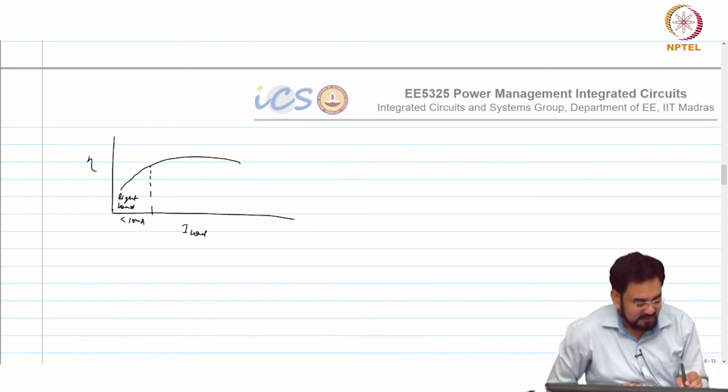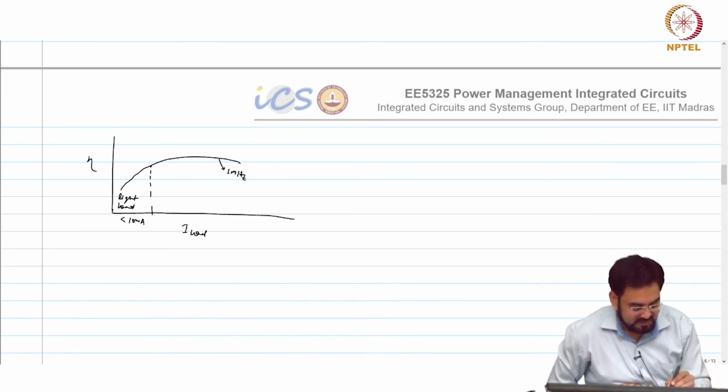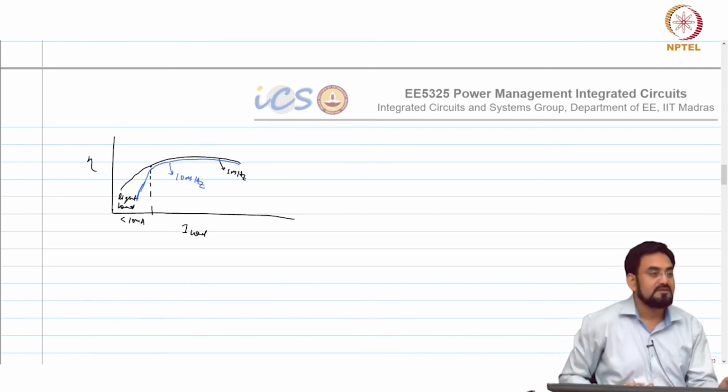Let us say this is at 1 megahertz, and if I draw the similar curve for 10 megahertz, you may see slight change, but here you will see a significant change under light load.